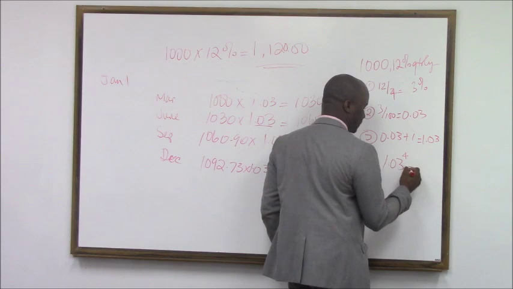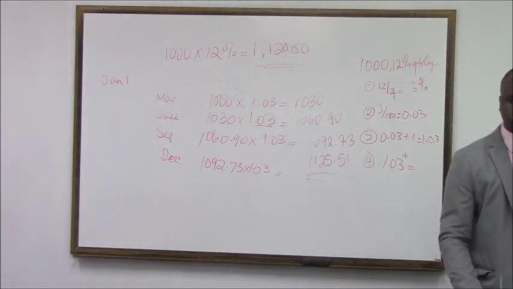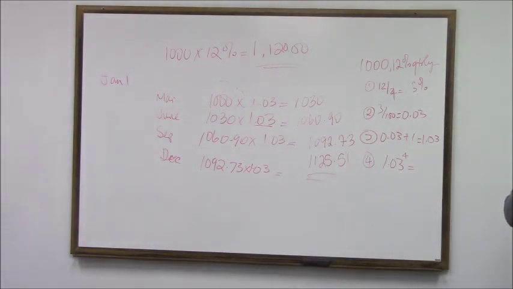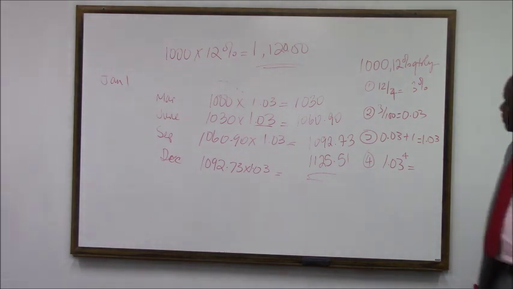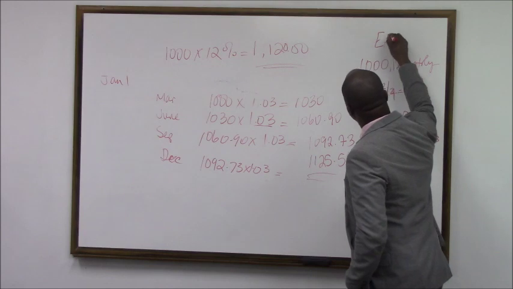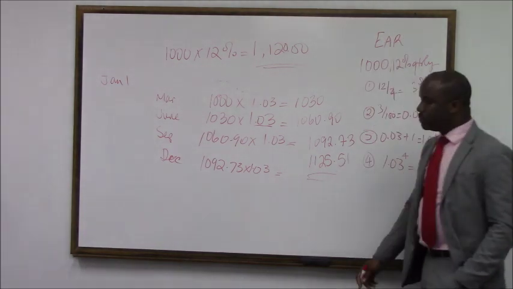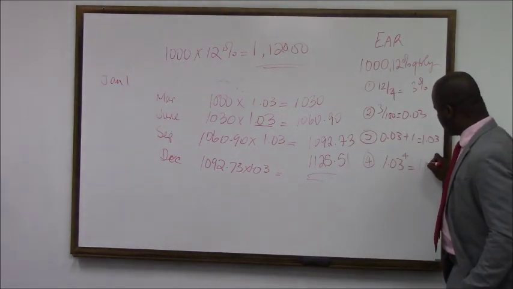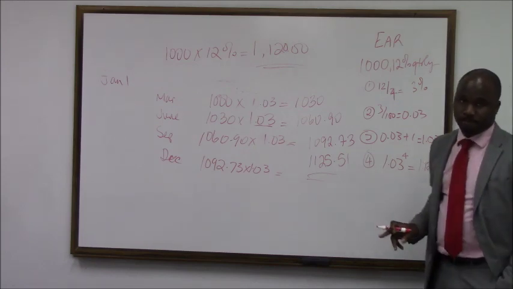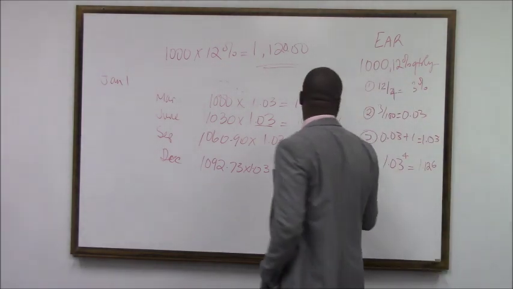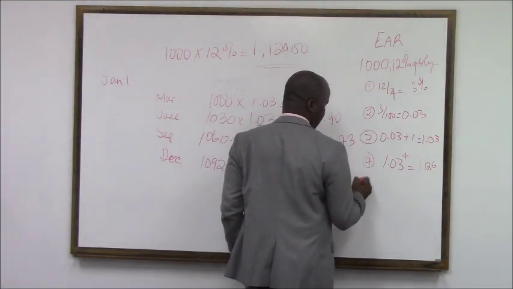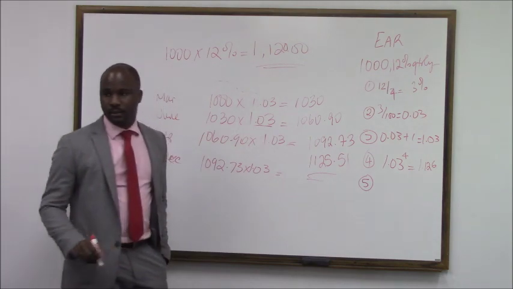What's my answer? 1.126, right? How do you now take this integer and make it into a decimal?